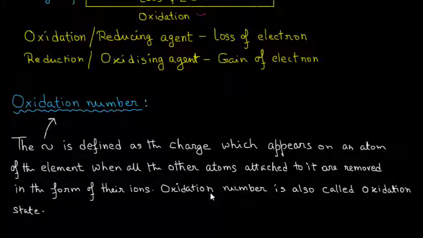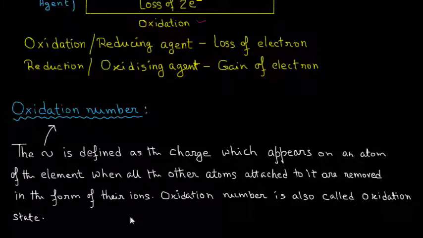We'll come to know more details about oxidation number and how to find it gradually in the later section of this chapter. So for now, let us take an example.